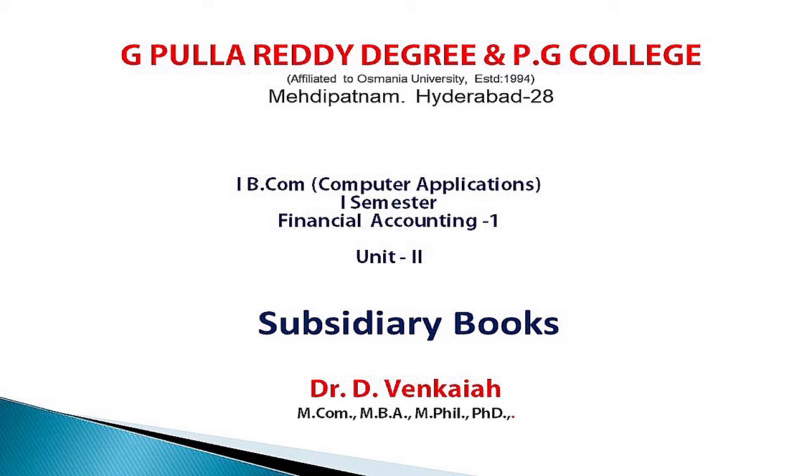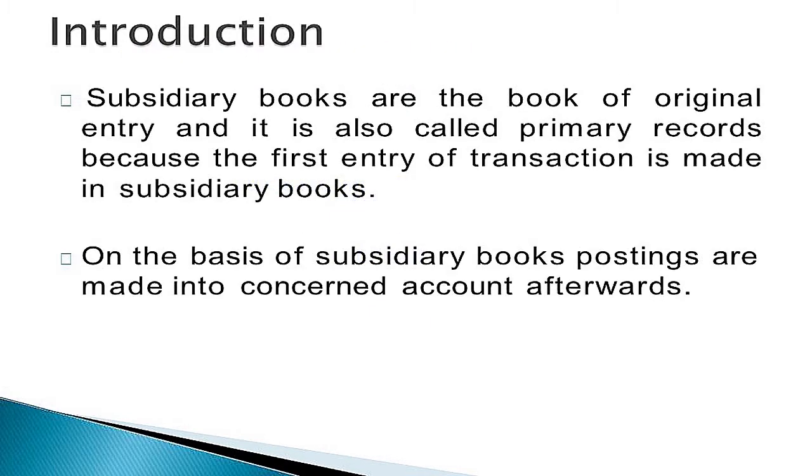Before that, let us recall the concepts which we learned earlier. Subsidiary books are the original books of entry and also primary records. On the basis of these subsidiary books, postings are made into the concerned accounts afterwards.